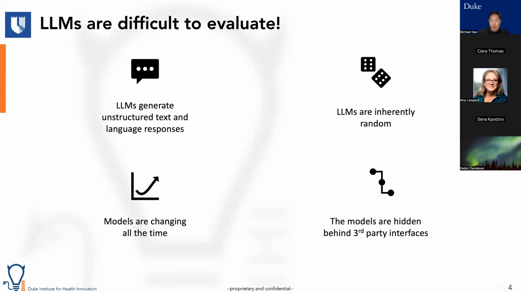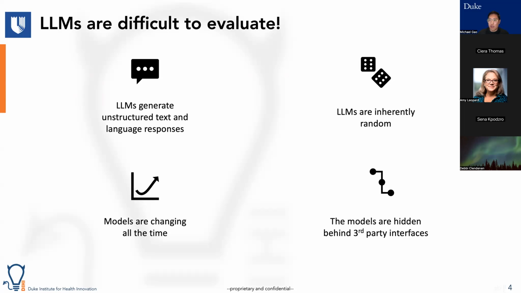And the reason why generative AI use cases are so difficult to evaluate is because LLMs themselves are difficult to evaluate. There are many aspects of this, the first being that LLMs generate unstructured text and language responses, which are difficult to work with. They are inherently random, although there's work being done to try to solve some of these. The models are changing all the time.